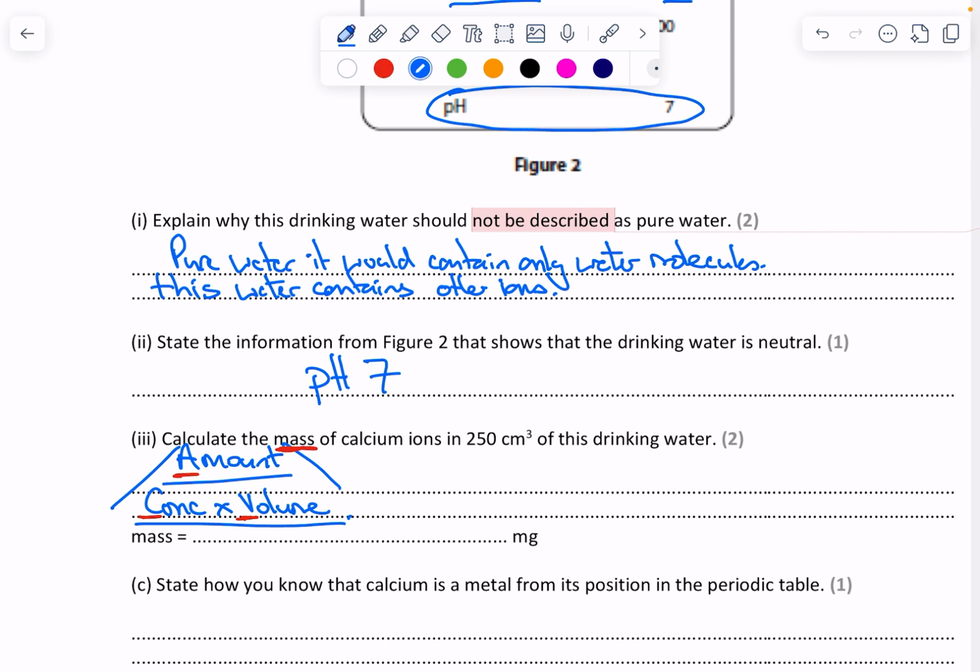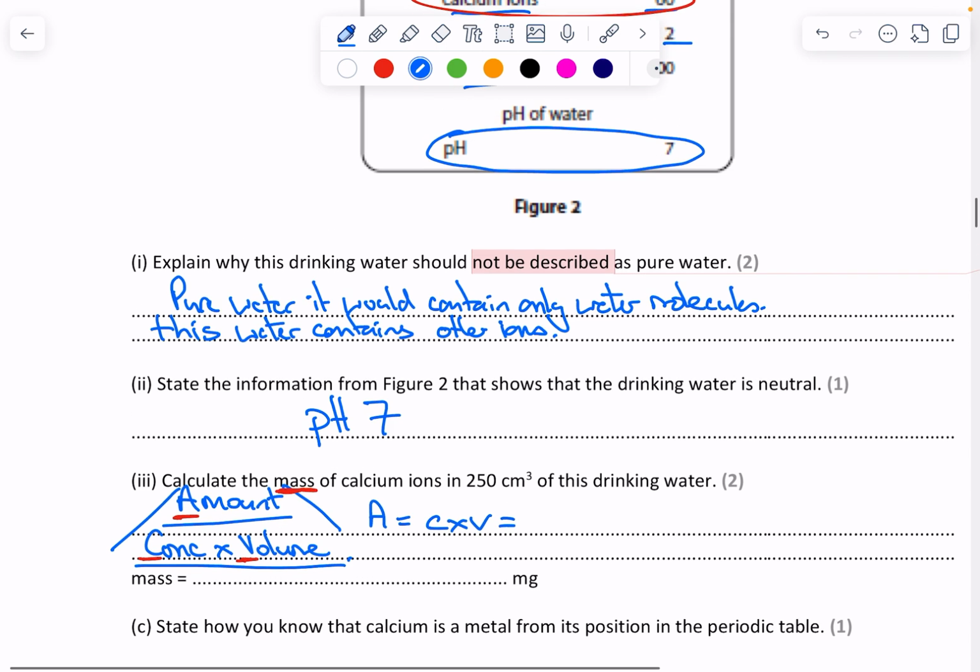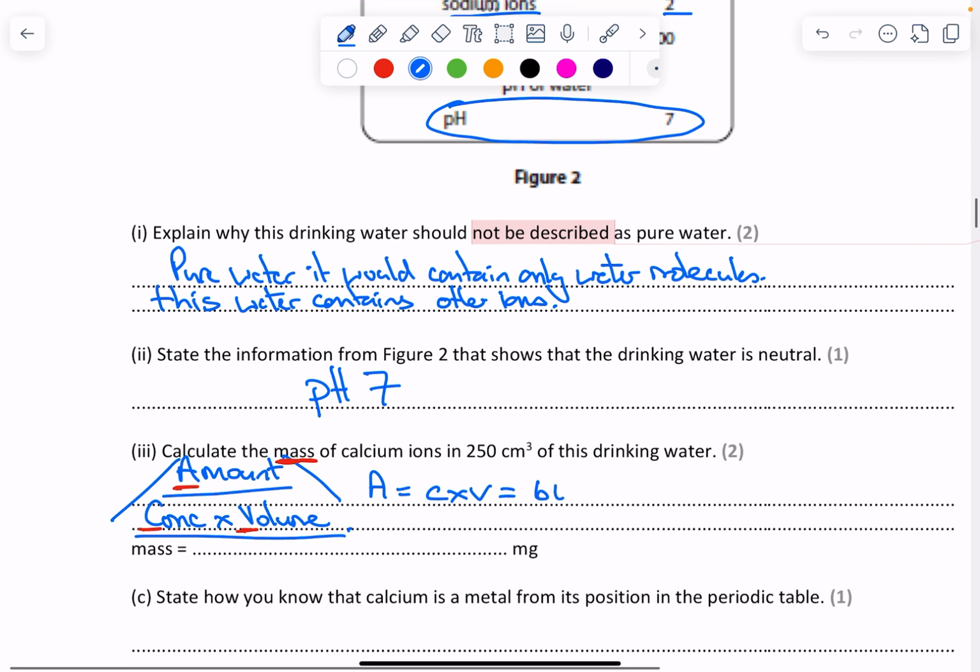And because I'm trying to calculate the mass, I'm actually trying to work out the amount. So A, and A according to this is C times V. So the concentration, well, we just said we had 60 milligrams of it, and that 60 milligrams is in 1,000 centimeters cubed, so that's a concentration.